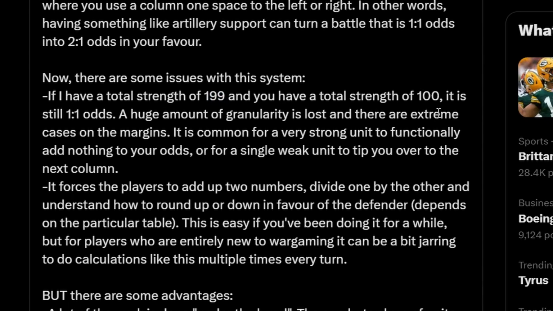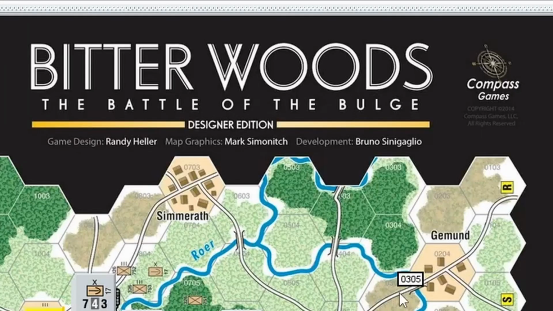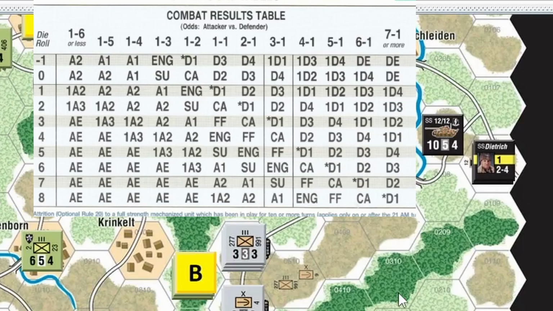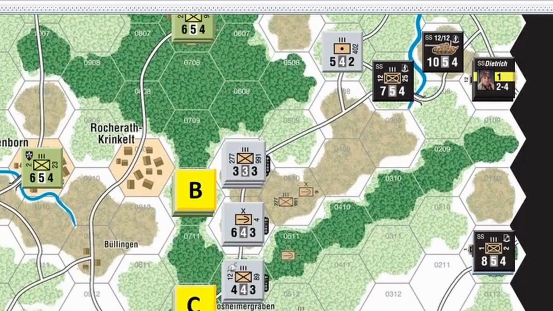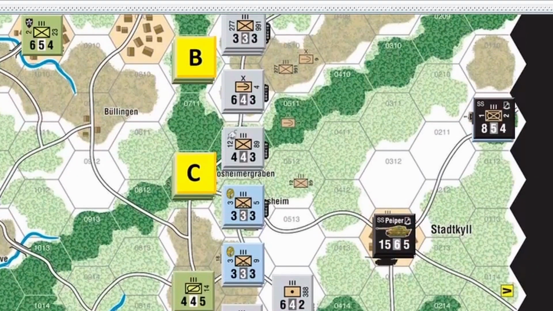Obviously, in simpler CRTs like the Simonich one or Bitter Woods, you would definitely have 1-to-1 in this situation. But the idea of those games is that the 1-to-1 odds are actually very interesting die rolls. And in Bitter Woods in particular, and Normandy 44 really, the most exciting die rolls in the entire game are usually the 1-to-1s. That is where the game tips its balance. So the 1-to-1 column is very, very important in those games.